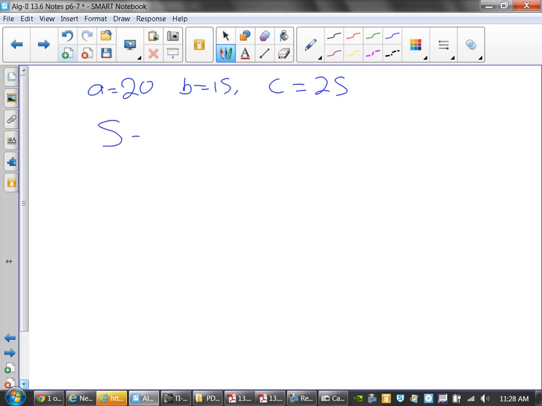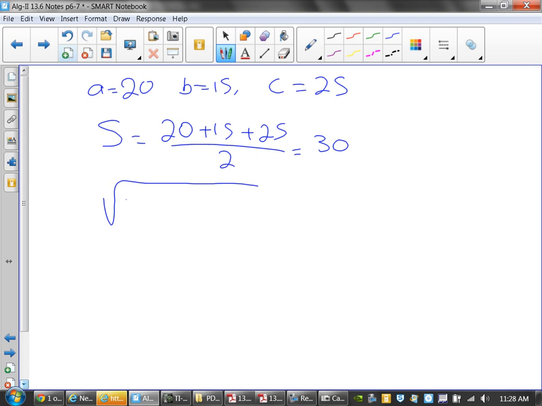The value of S is going to be 20 plus 15 plus 25, and we cut it in half. What is that? We get 30, correct? Yeah. Okay. So now you just take the square root of 30 times 30 minus 20, 30 minus 15. Are you gonna equal 30? I don't think so.